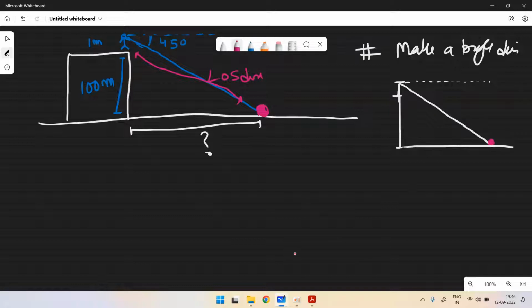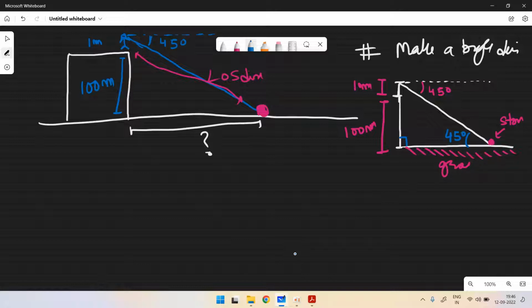This angle is given to be 45 degree. The person height is 1 meter, and the building is 100 meters tall. This is the ground, and you know that this is 90 degree. Since this is 45 degree, this is an alternate interior angle, because the lines are parallel, so this is also 45 degree.